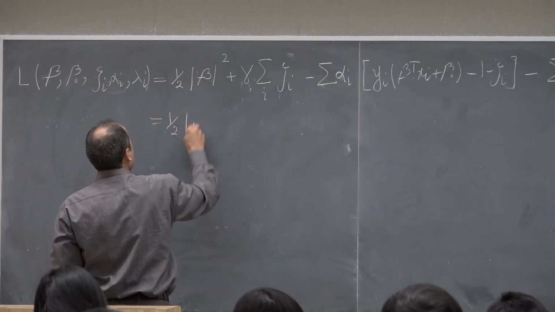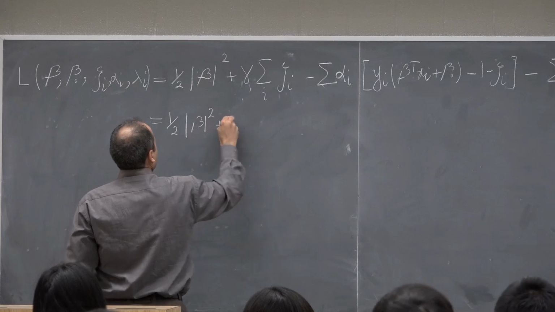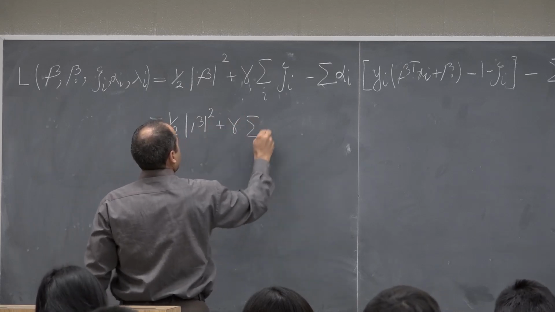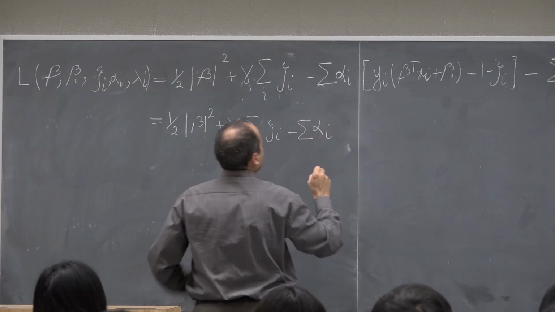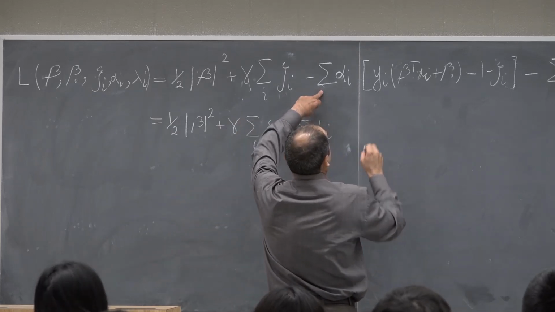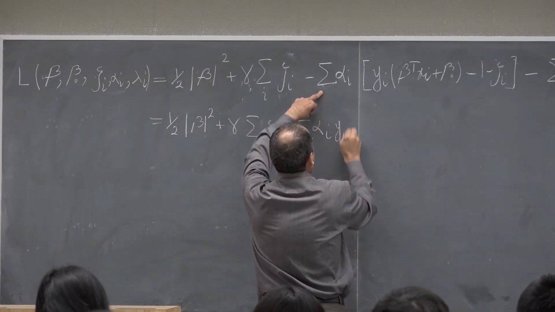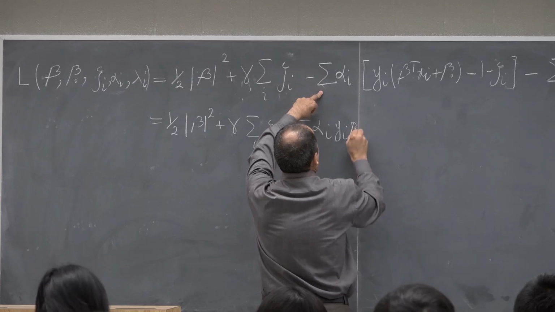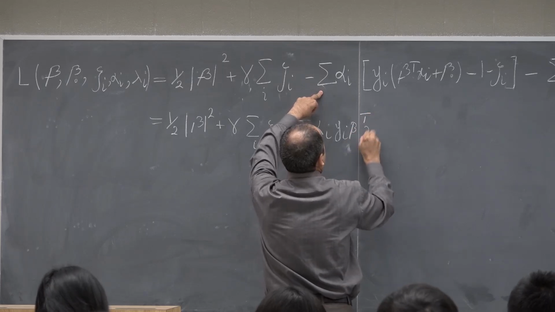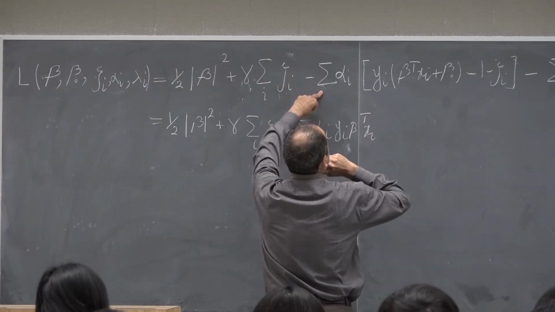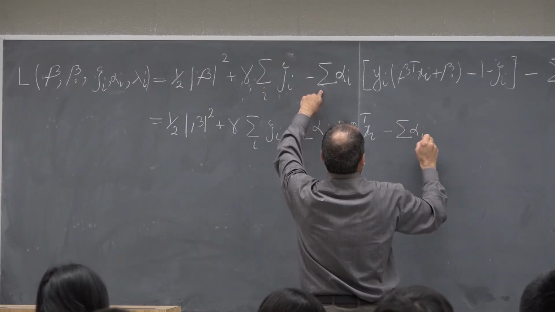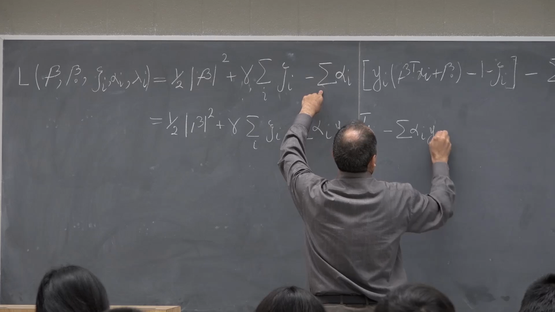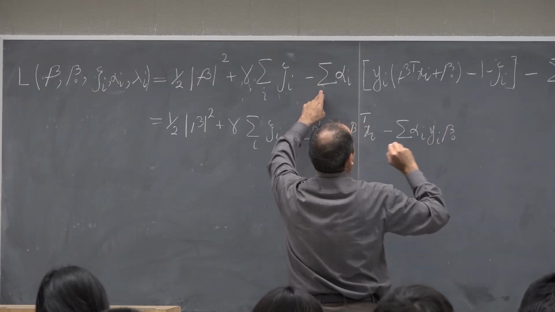But before I do this, let me expand this because it's going to be easier when we take derivative. I have alpha i, yi, beta transpose xi. I have alpha i, yi, beta null.